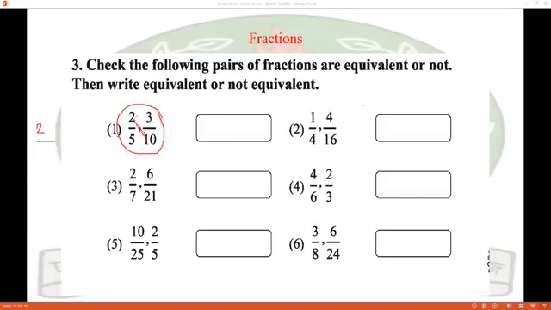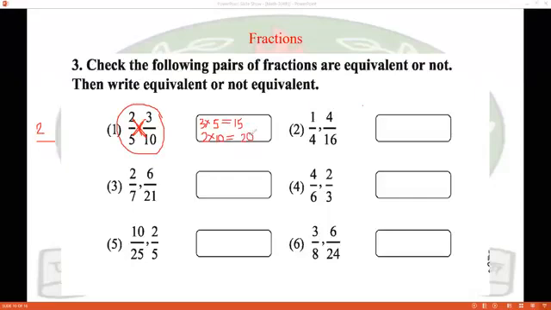So at first we write 3 into 5, we get 15. And 2 into 10, we get 20.